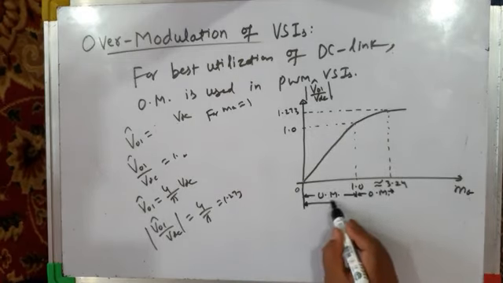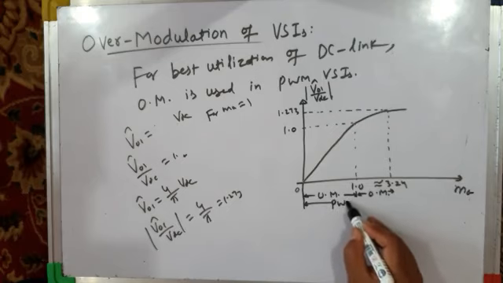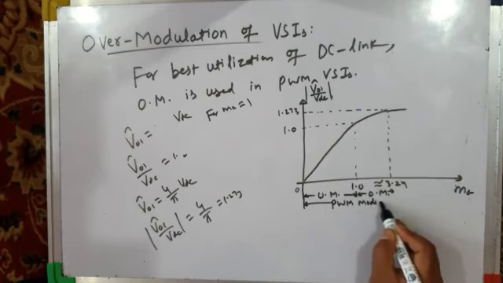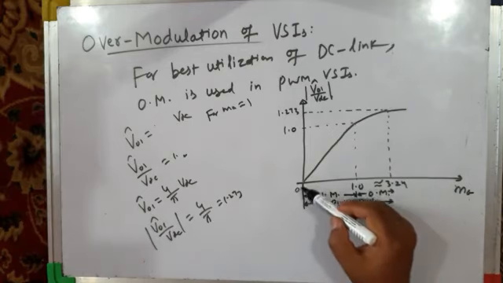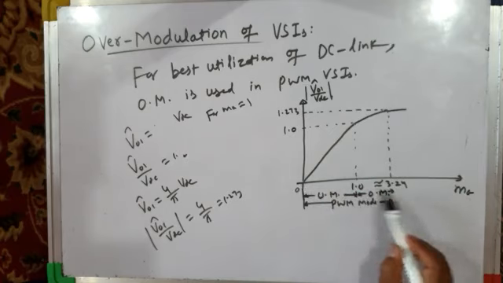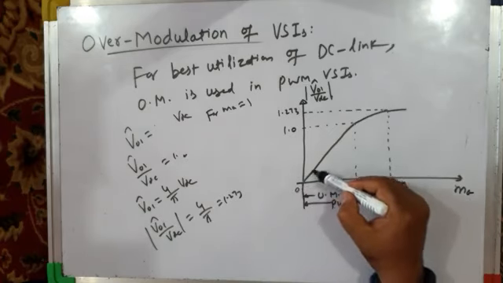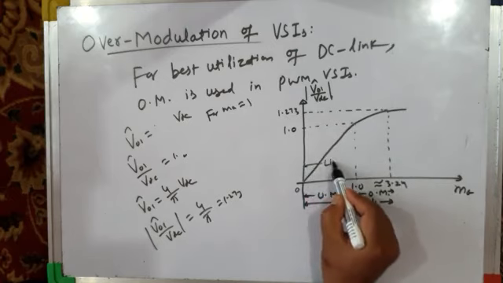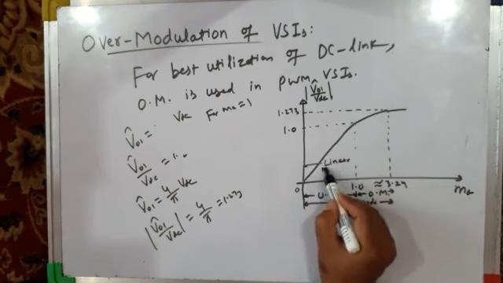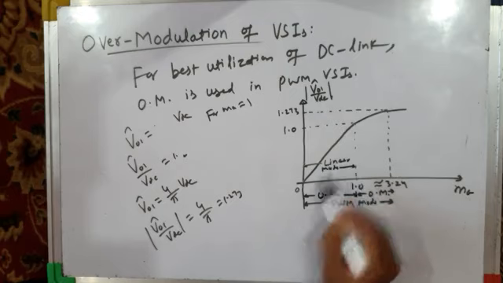No doubt this whole thing is PWM mode of operation, which we have divided into two modes, under modulation mode and over modulation mode. In the under modulation mode, as you increase the modulation index, your inverter output voltage increases linearly. So this you can call linear PWM mode.